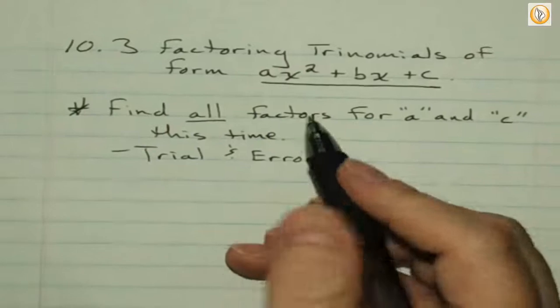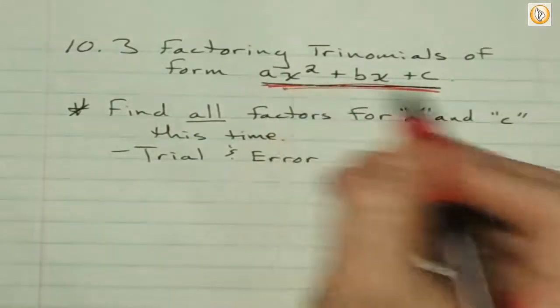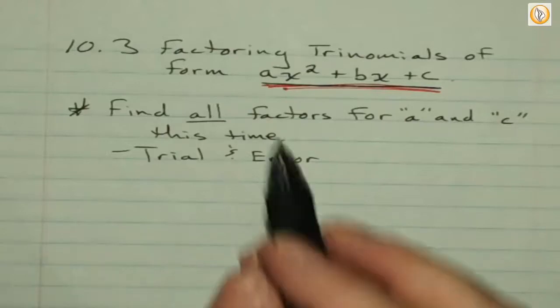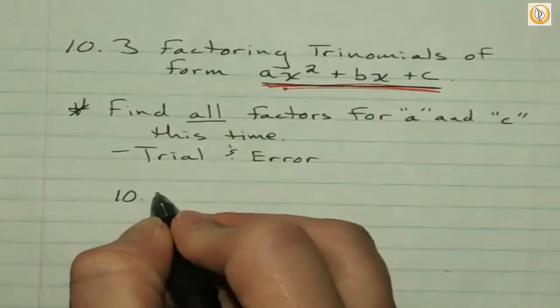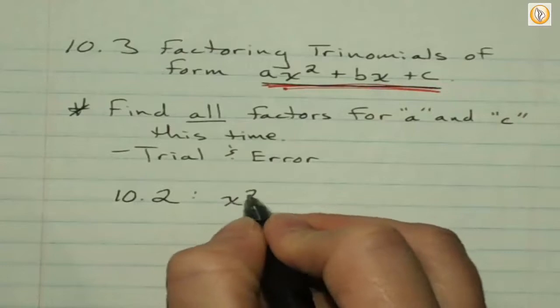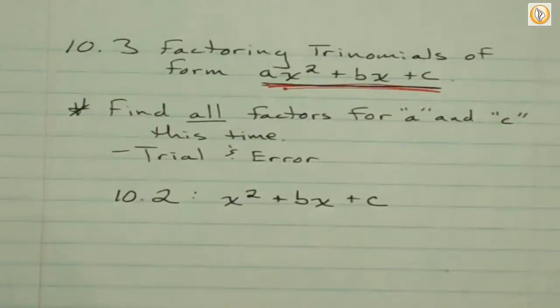Now, if you remember yesterday, let's look at this form here. Notice what is different. What do y'all see different from yesterday to today? Taylor? There's an A at the beginning now. Bingo, there's an A. Yesterday, when we did 10.2, it was x squared plus bx plus c.